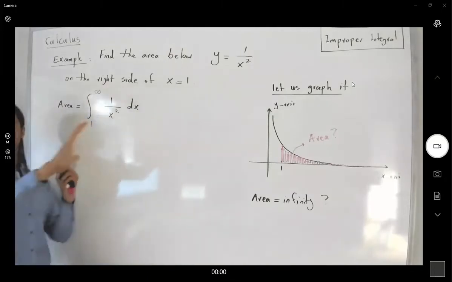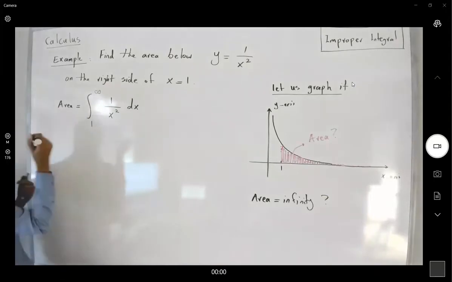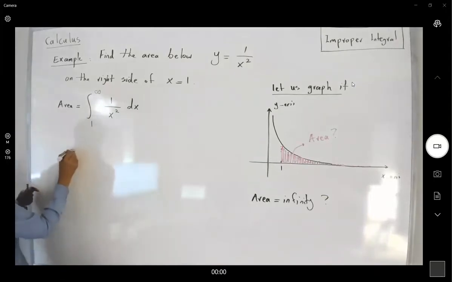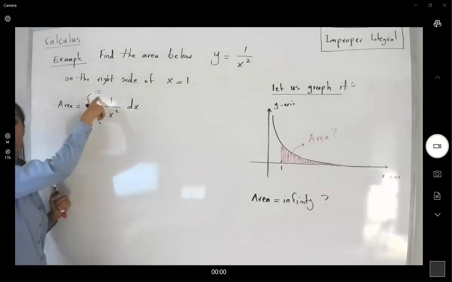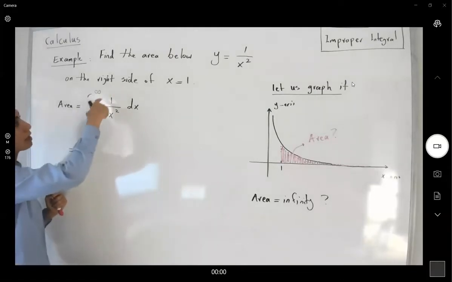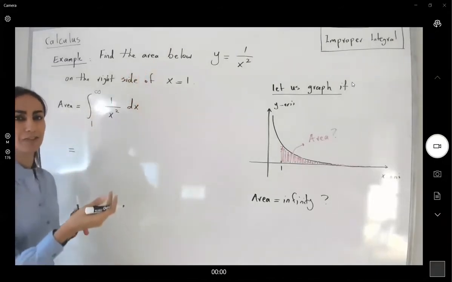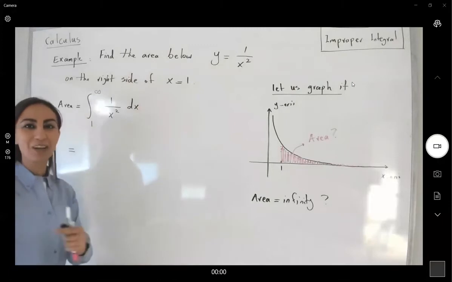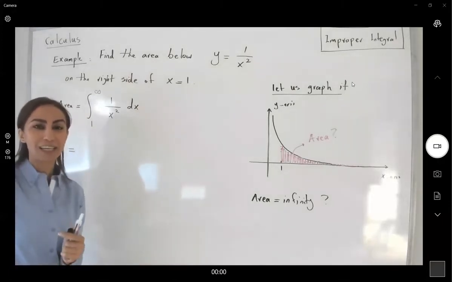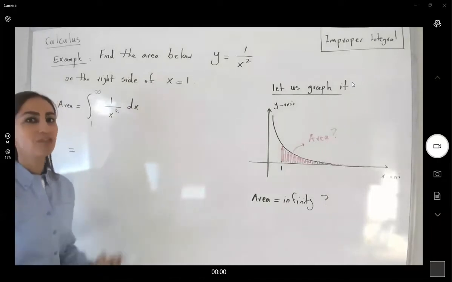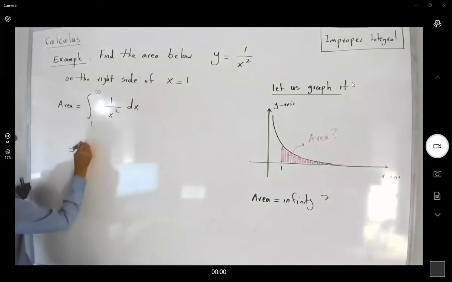So how do we write this down? We say this integral is equal to, since here you have infinity, your upper limit approaches infinity. Recall that when it comes to approaching infinity, you're getting back to elementary calculus, the concept of limit. So we're going to write this as a limit.